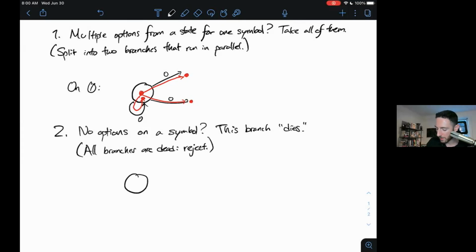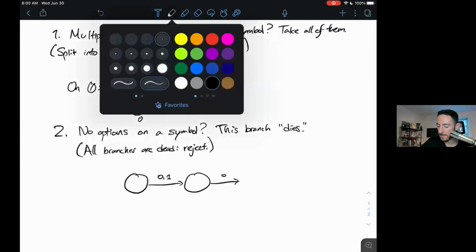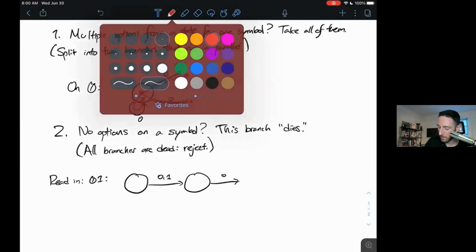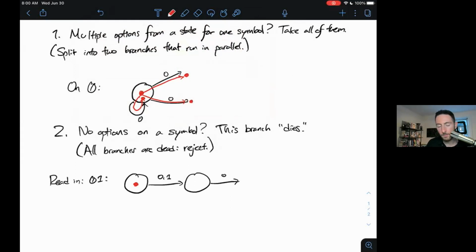So an example of this sort of thing, if I have a couple of states like that, and I read in, say, string 0, 1, what's going to happen? Well, I start in my first state. I read in a 0.